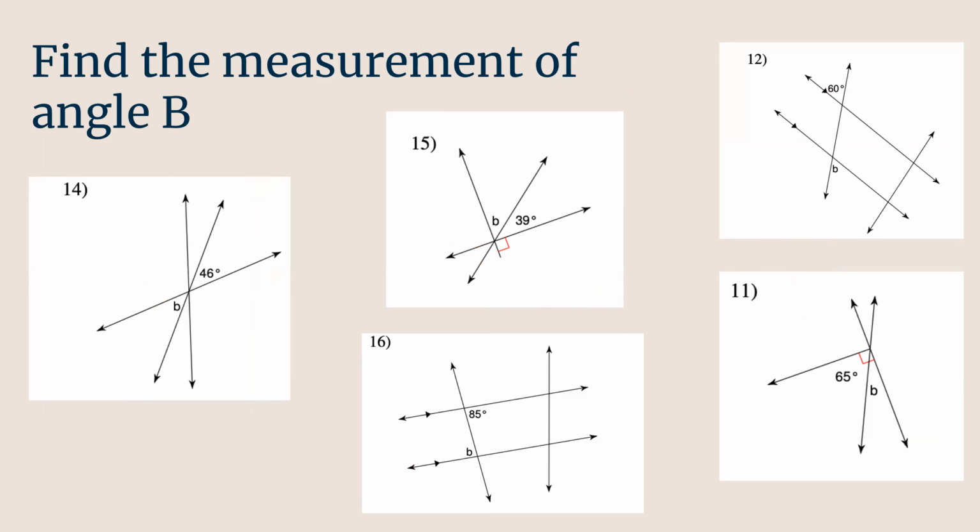Okay, so there are more questions about finding measurements. So pause the video and do those questions. Okay, so for 14, the B is 46 because it's the vertical angle of this angle, so they share the same measurement.